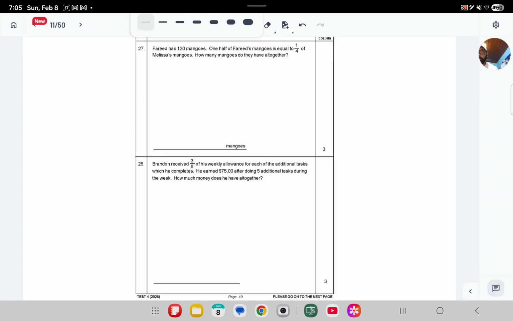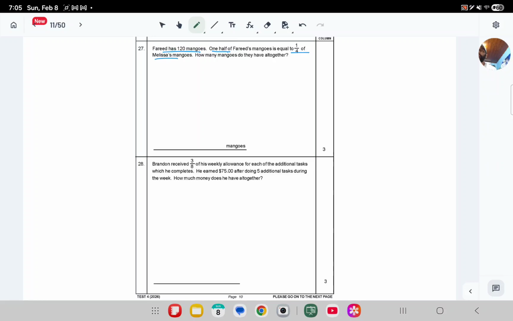Number 27, Farid has 120 mangoes. 1/2 of Farid's mangoes is equal to 1/4 of Melissa's mangoes. How many mangoes do they have all together? So we know that Farid has this amount, and 1/2 of that is equal to 1/4 of Melissa's amount.